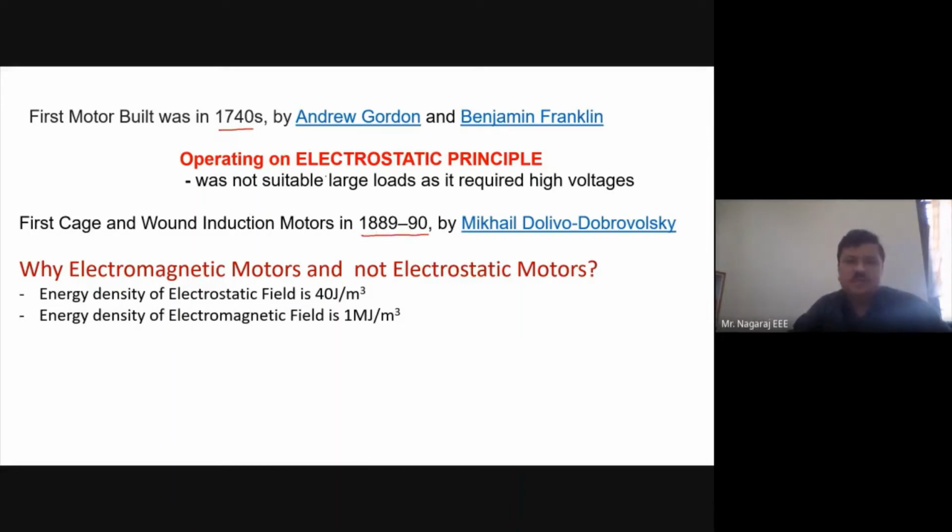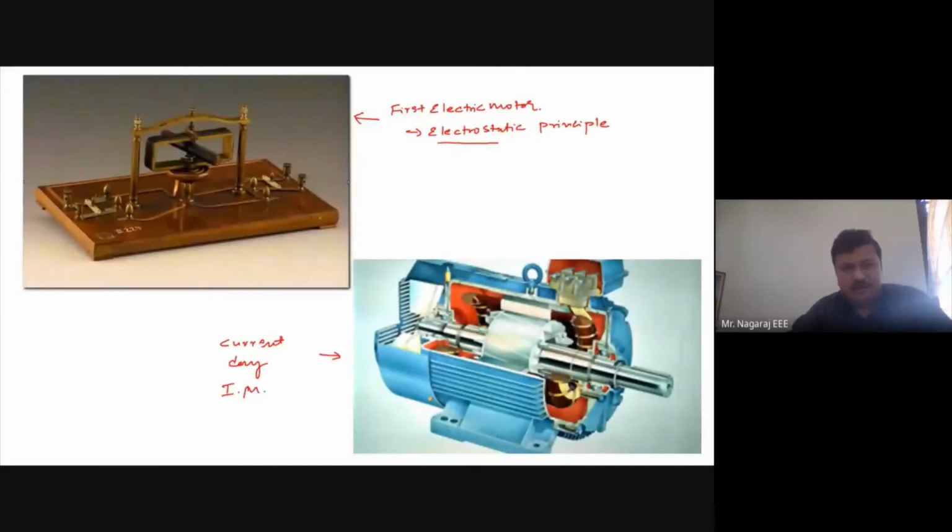See the time span here. There is almost a gap of 150 years. The time that it took from this model to this model is one and a half centuries. So the motor is that old, and you won't believe electrical locomotives are older than steam engine locomotives.